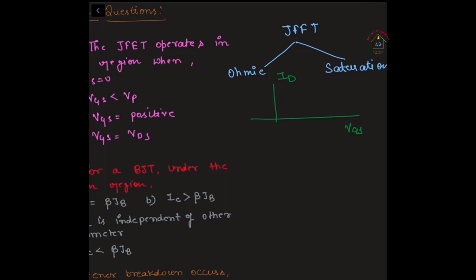So it will be like this. Here it is VP. This is saturation region. And this is ohmic region.